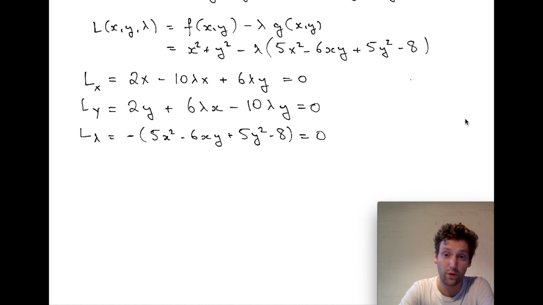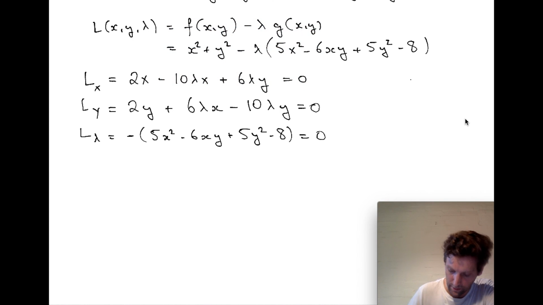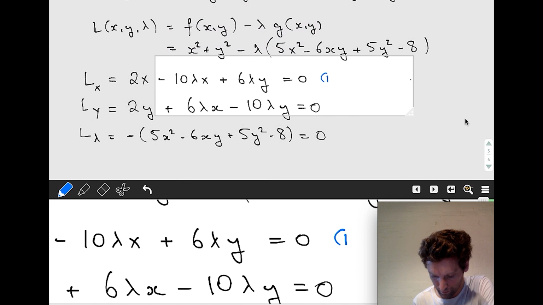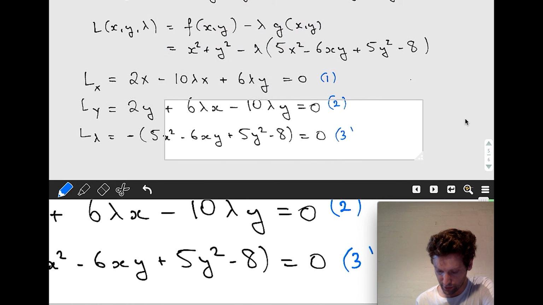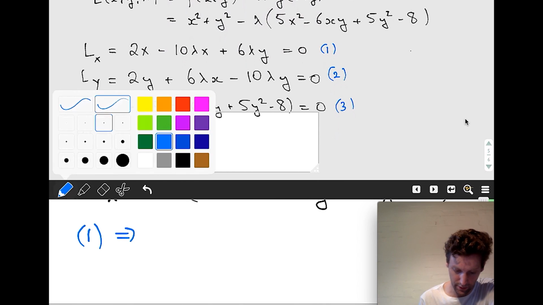Okay, so we've got three equations for three unknowns. We're going to solve these now, and the way I'm going to do that is by rewriting those first two expressions. So let's call those expressions 1 and 2. We'll call this one expression 3. Of course, that's just the constraint again. So let's take 1 and divide out a factor of 2.